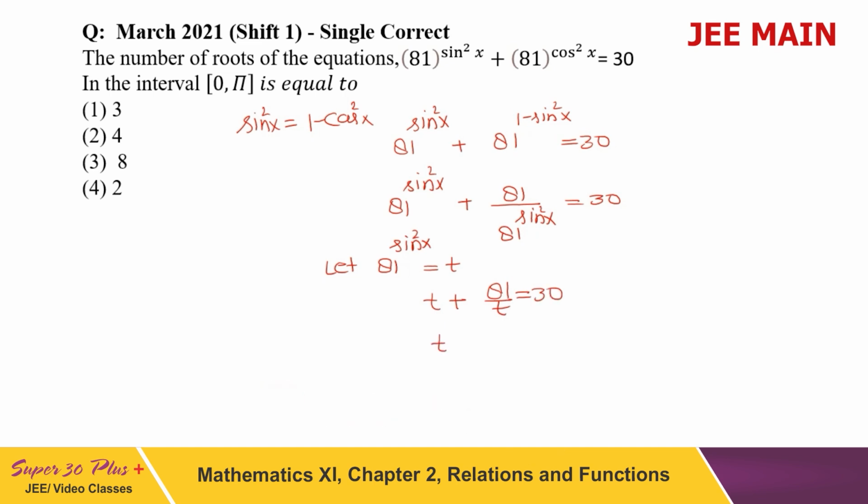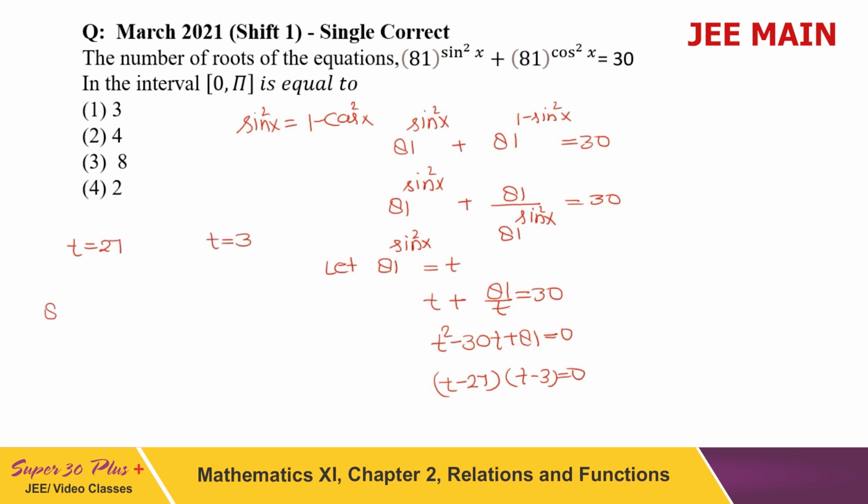Now simplify it and factorize. It is t square minus 30t plus 81 is equal to 0. Factorize it, it will be (t minus 27)(t minus 3) is equal to 0. t is equal to 27 and t is equal to 3.